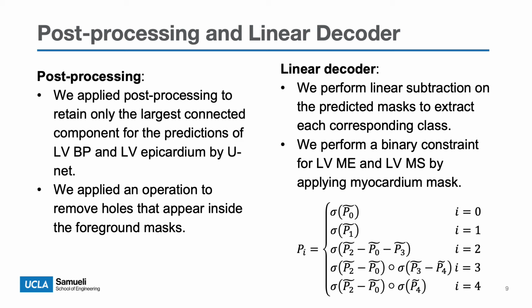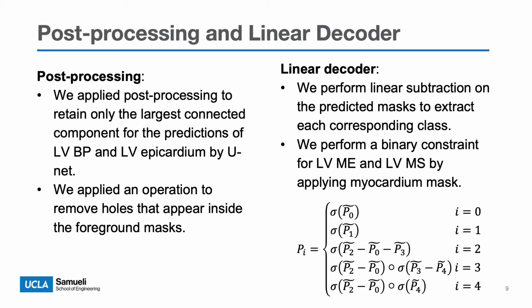The corresponding decoder performs the linear subtraction on the predicted masks of LV epicardium and LVME MS, followed by binary activation for all predicted masks in 5 target classes with threshold 0.5. The decoder also includes a binary constraint for the LVME and MS predictions by calculating the myocardium mask using the predicted LV epicardium and LVBP and performing a pixel-wise multiplication.